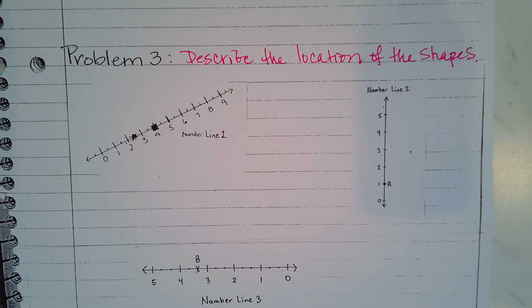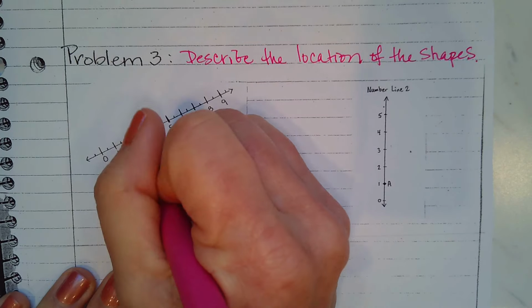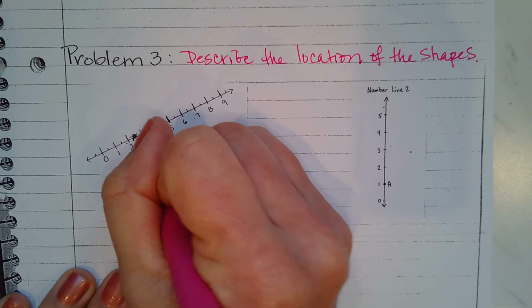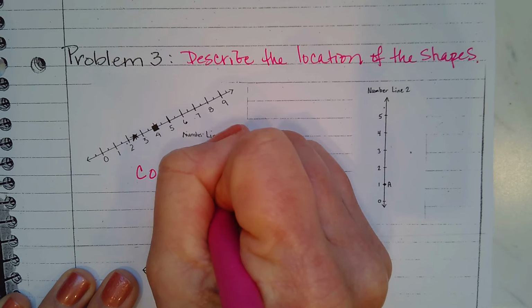Now, because every number line has an origin, we can use the origin as a reference point to tell the location of other points on and off the line. We can describe the location of a shape on this line by telling its coordinate. So this is the coordinate.